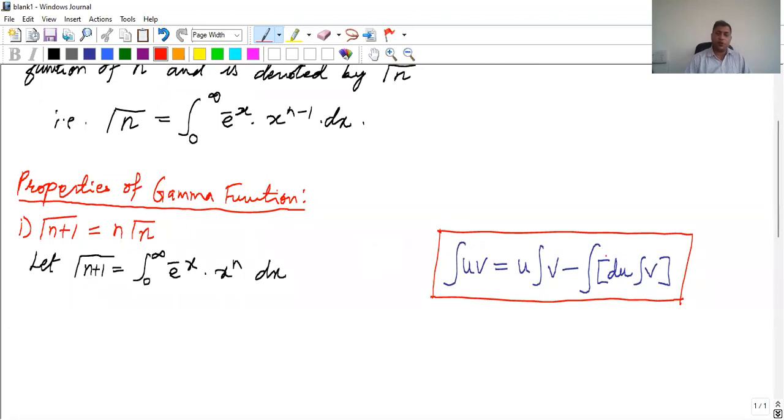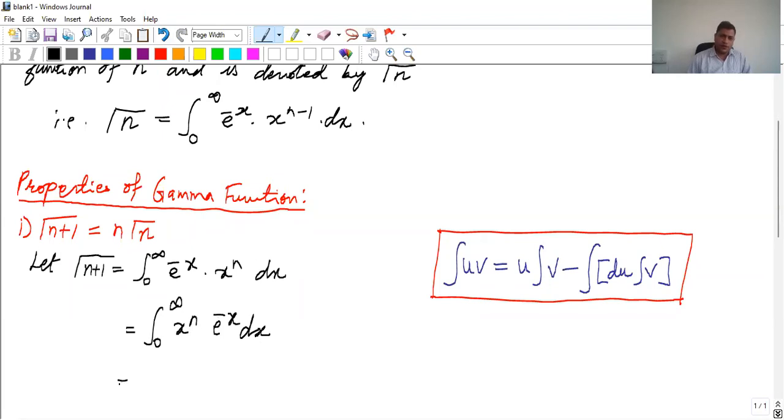If we want to apply this rule, then we have to use either light or highlight. We can write this integral as the integral from 0 to infinity of x raised to n into e raised to minus x dx. Here this is going to be u and this is going to be v.